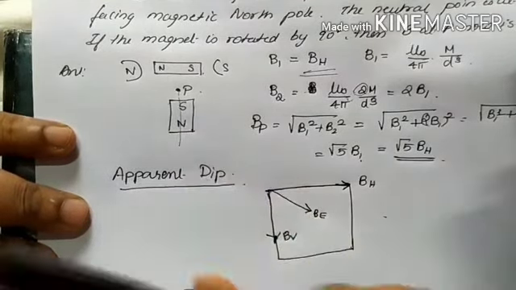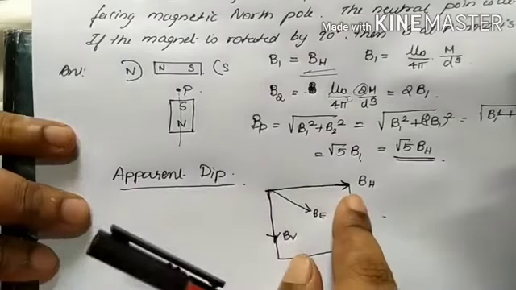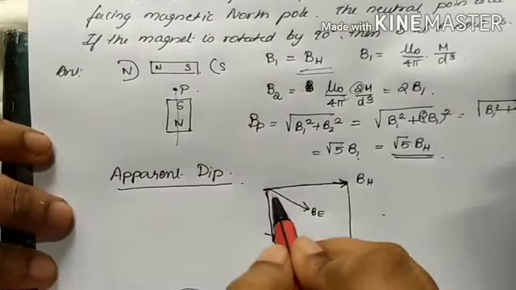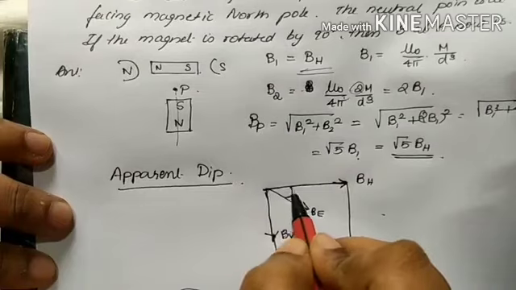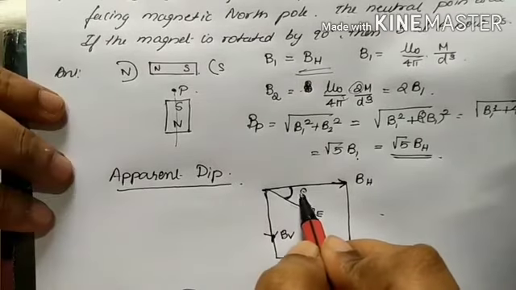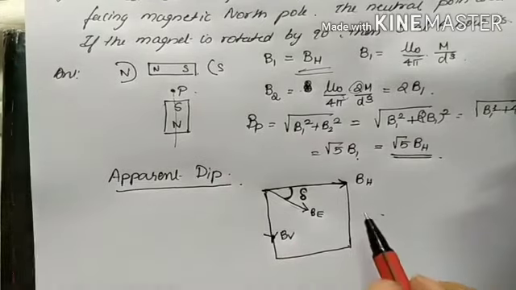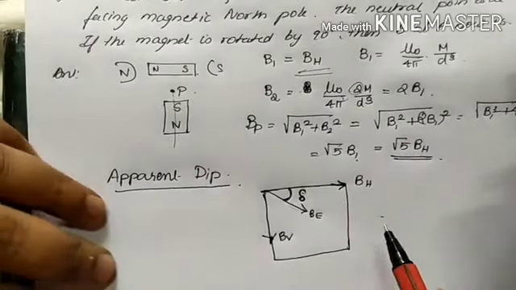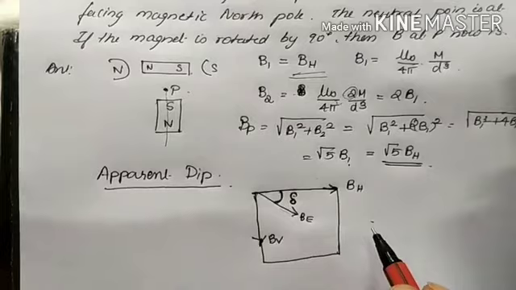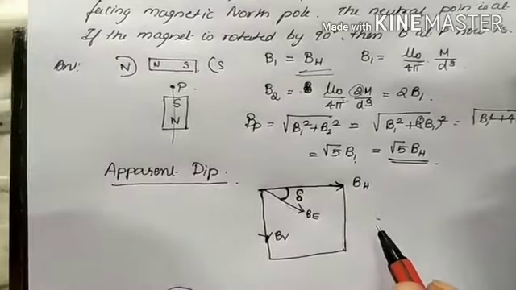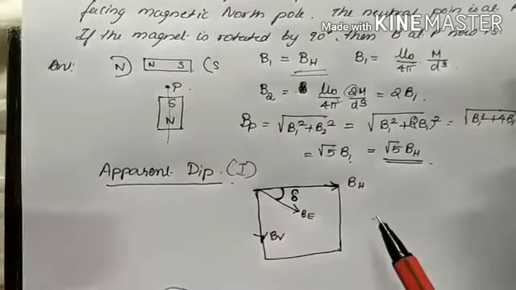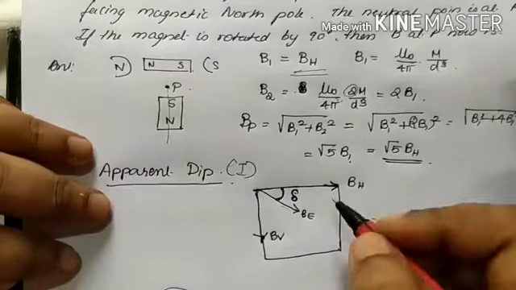This delta angle is known as dip angle. Actually it is supposed to be called the true dip, or sometimes also called the real dip angle. It's just like our plus one's true value and apparent value. Now I have not done the apparent value, guys. The apparent dip's indication is I.